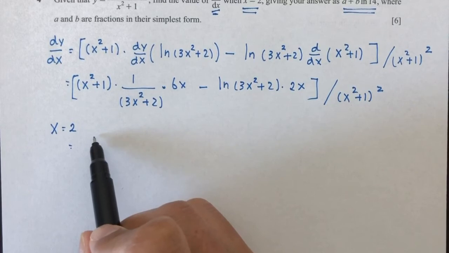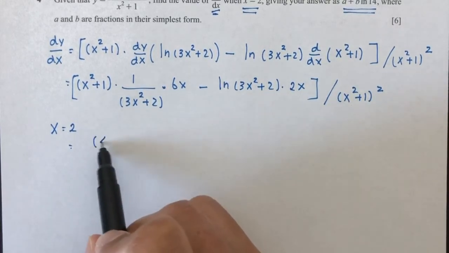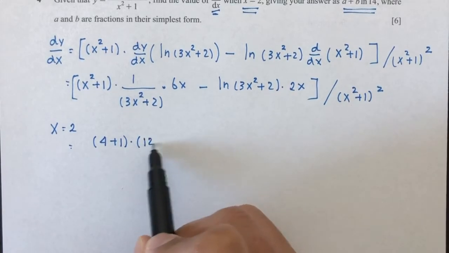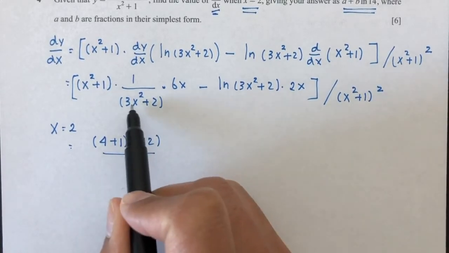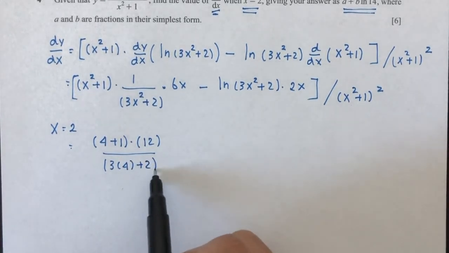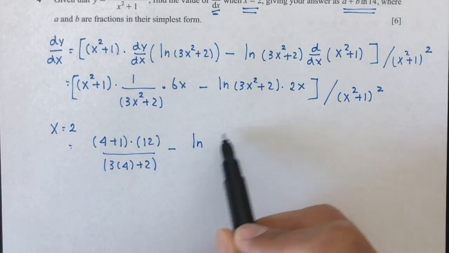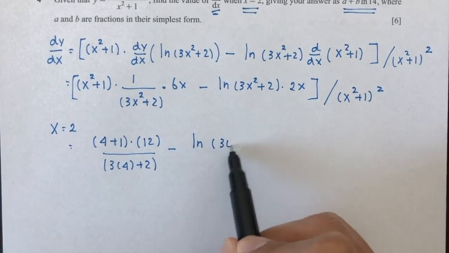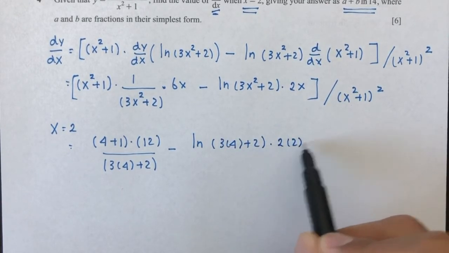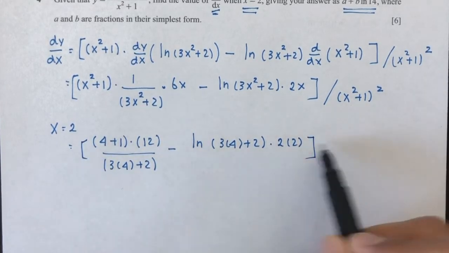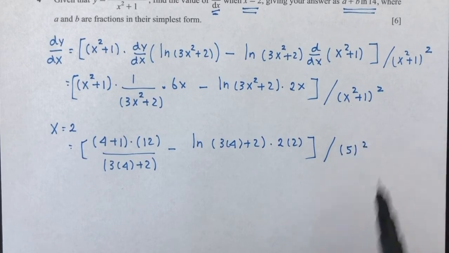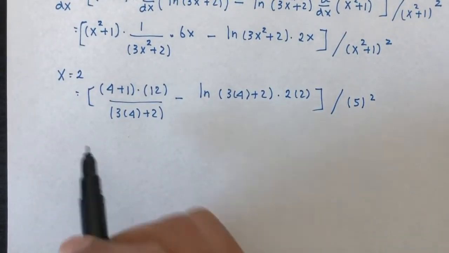This one will be x squared is 4, plus 1, times 12 divided by 3 times 4 plus 2, minus ln(3 times 4 plus 2) times 2 times 2, brackets, divided by 4 plus 1, which is 5 squared.